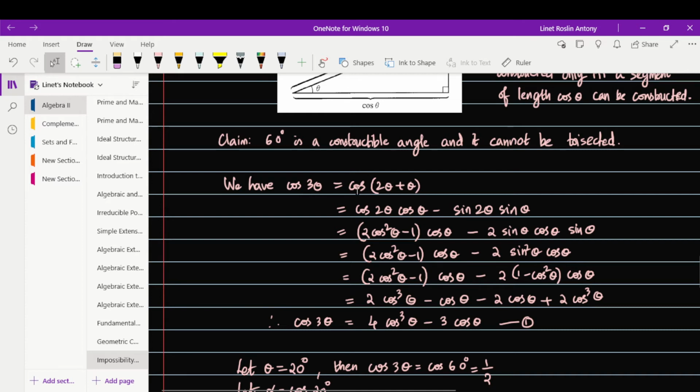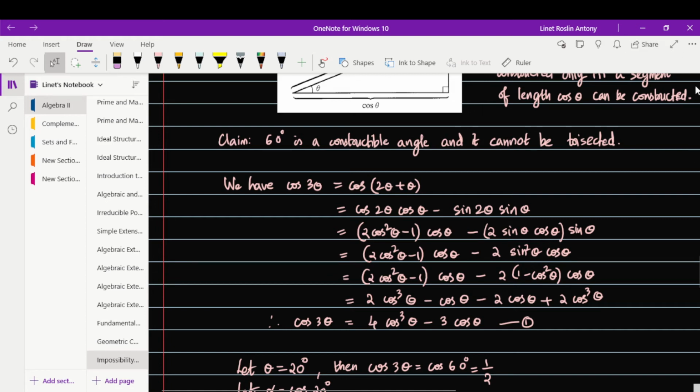And we know that cos of A plus B is equal to cos A cos B minus sin A sin B. So that's what we have written here: cos 2 theta cos theta minus sin 2 theta sin theta. And cos 2 theta can be written as 2 cos square theta minus 1, and sin 2 theta is written as 2 sin theta cos theta. Then we expand, and at the end we obtain 4 cos cube theta minus 3 cos theta is equal to cos 3 theta, and we give equation number 1 for that.